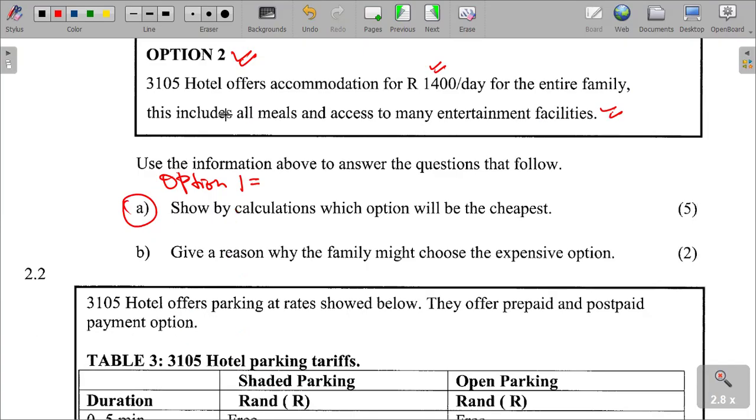So option one is 750 per night, 750 times 3. And then what we get is 2,250 rand.